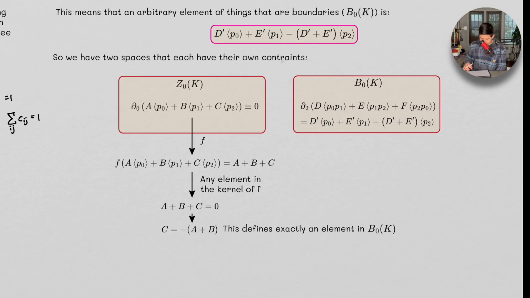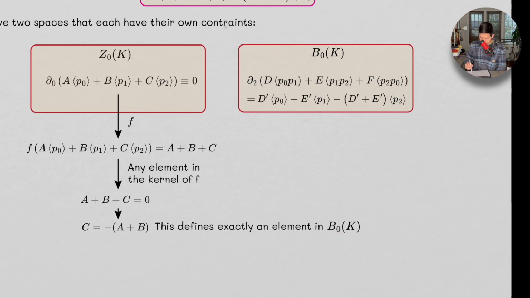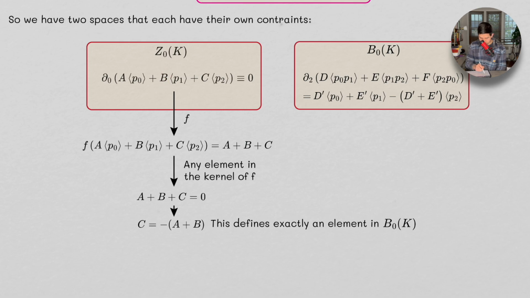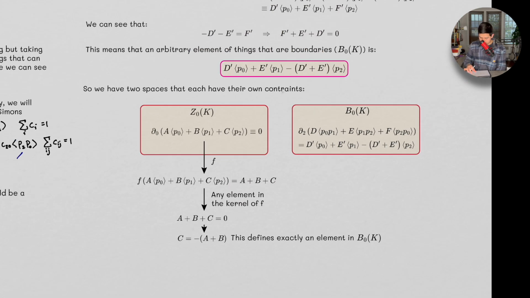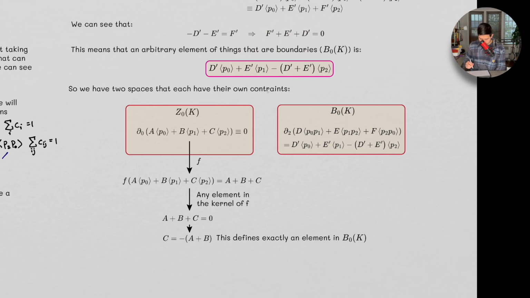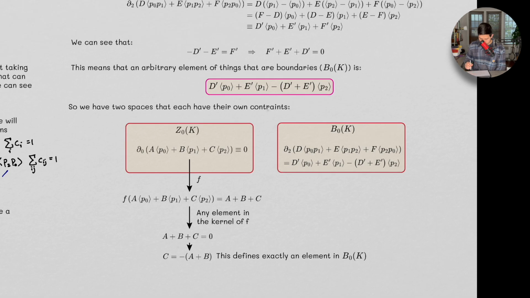Well, this defines exactly an element in B0 because it takes the same form here, right? Because this is minus the sum of these two. This guy is minus the sum of these two. So we found this f. If we can find this f such that it maps our simplices to just the sum of their coefficients, then indeed we are now able to mod this out.